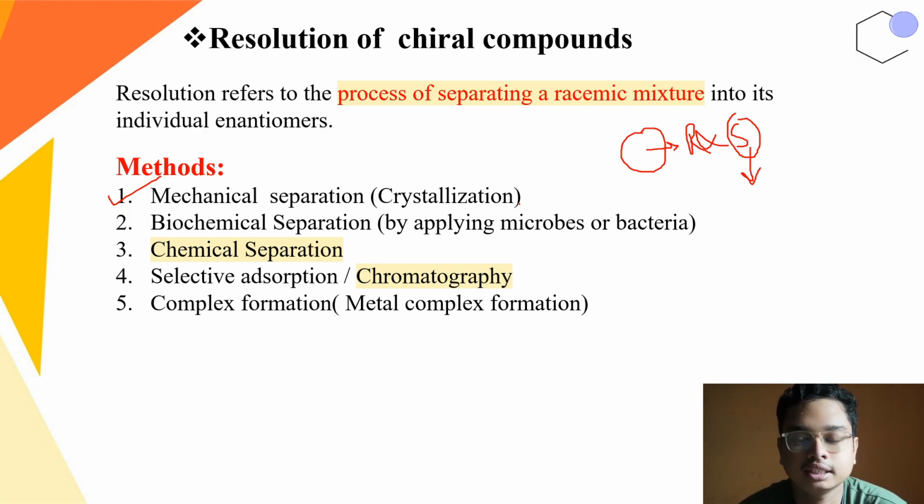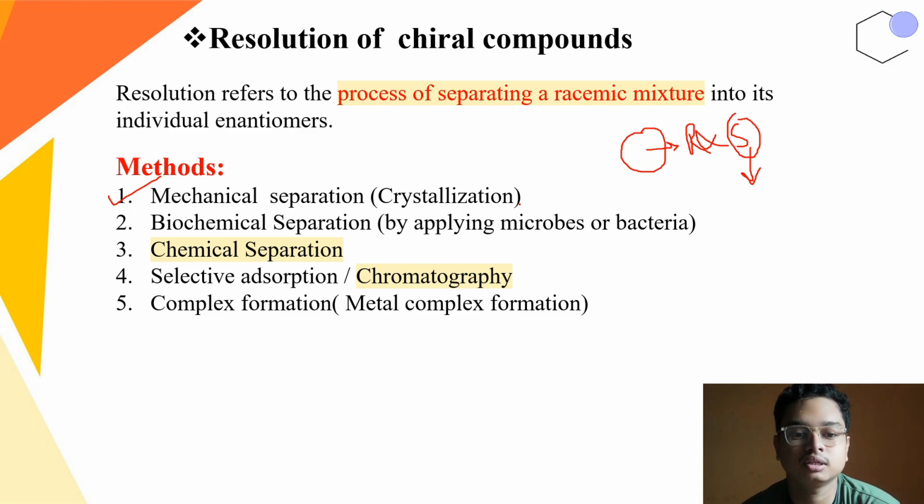The crystallization method suggests that, although the two have the same physical and chemical properties, it has been observed that the R and S forms show different crystallization products, like their shape, their unit cell structure, and other parameters are a little bit different.